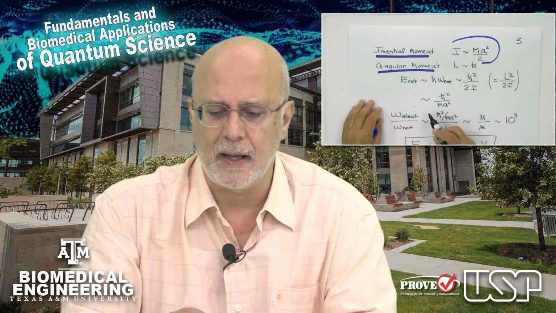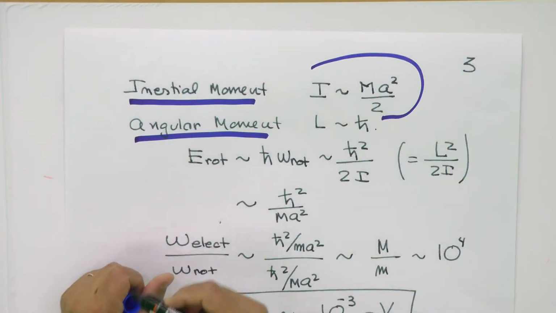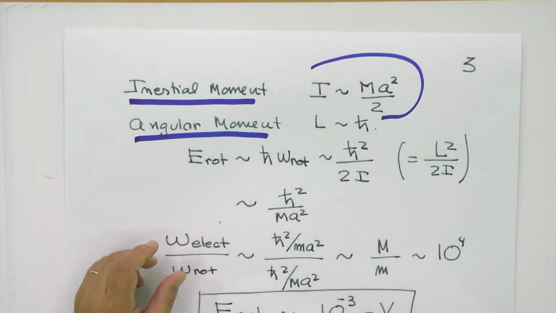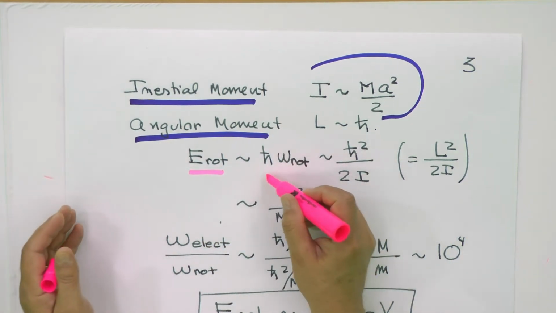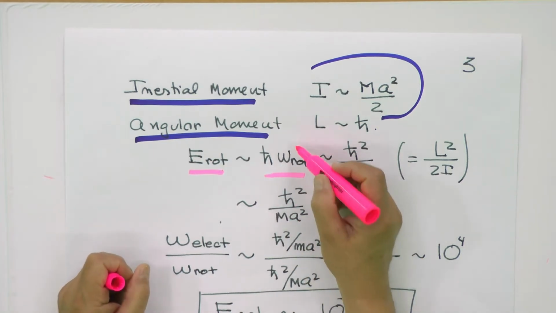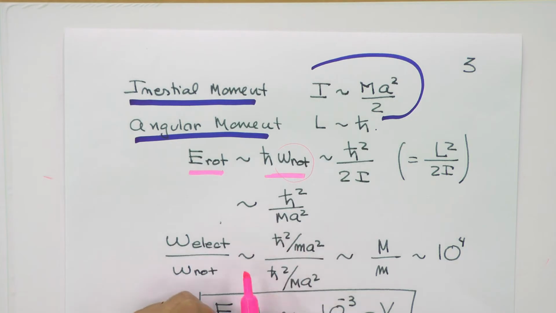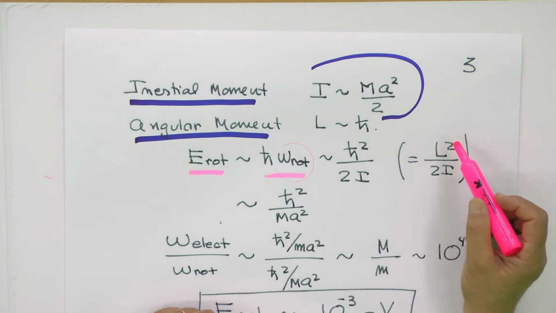So with this, we can calculate the energy in the rotation. The energy in the rotation, which I also call h bar omega rotation, because we also know the frequency of rotation, is h bar squared, which is the angular momentum squared.